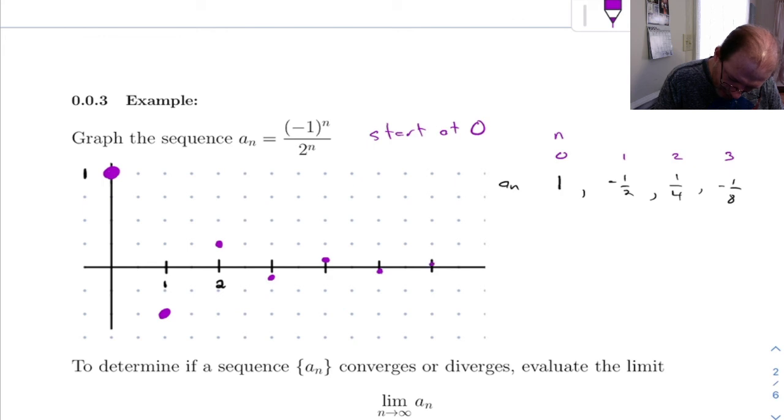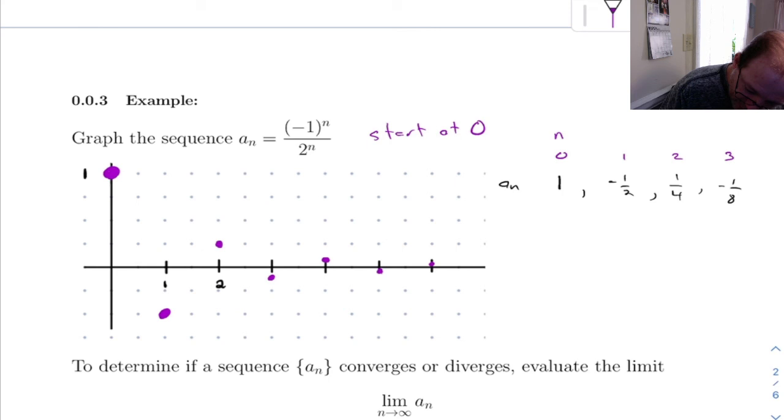So notice what's happening here. Every time we go to the next term, from one to the next, we switch between positive and negative, and the distance from the point to the axis cuts in half every time. So if you think about what's happening to this, when n grows large, the points get really close to the axis.